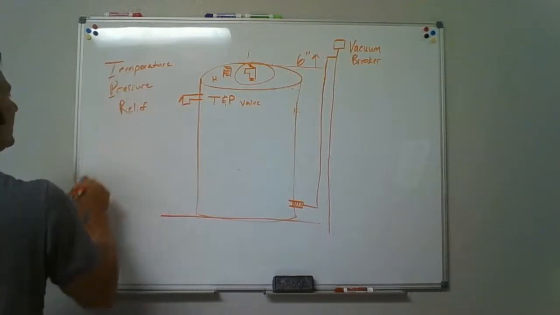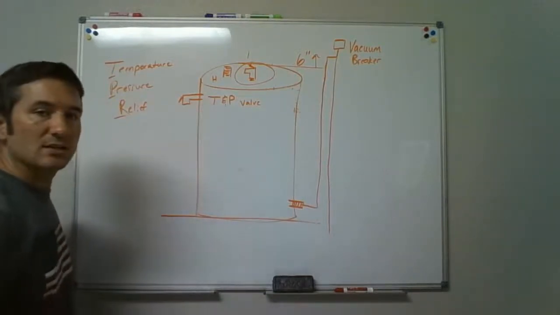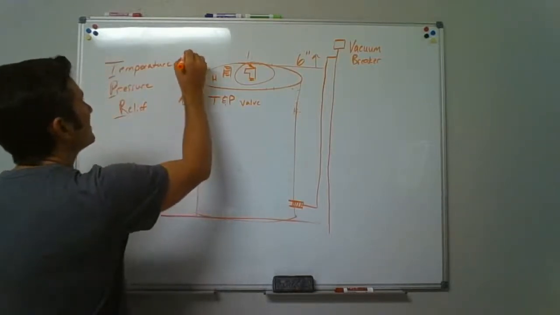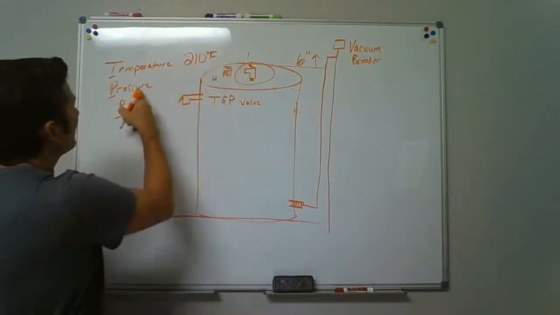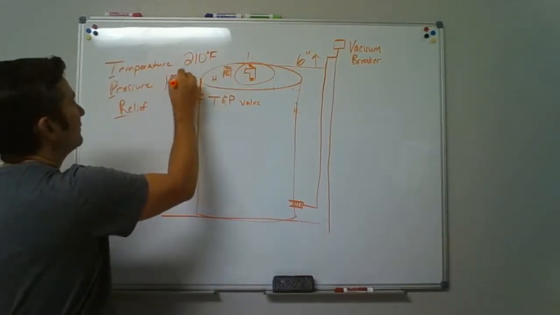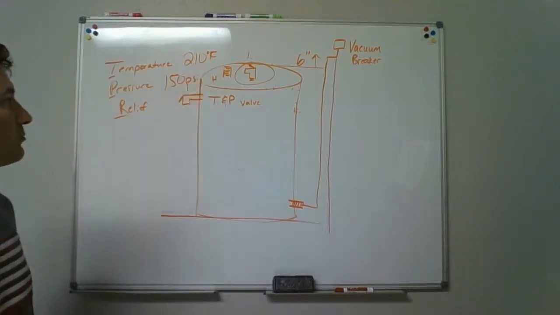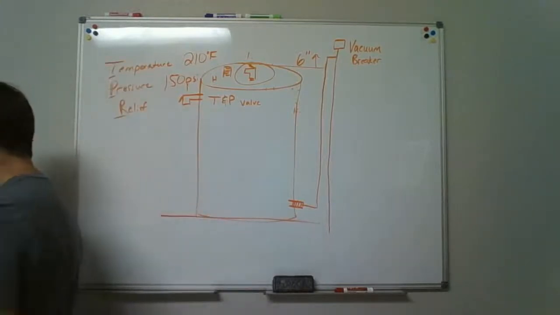T and P valve, temperature and pressure relief valve. So it also will say, as you start to go down through there, that the temperature can't be set higher than 210 degrees Fahrenheit, and the pressure of 150 psi on that thing for the temperature and pressure relief valve. Some more safety devices.